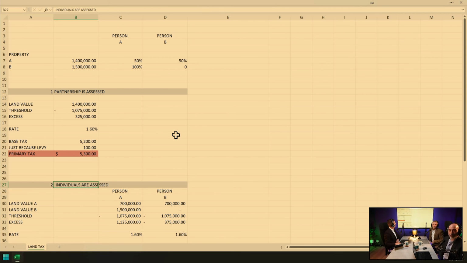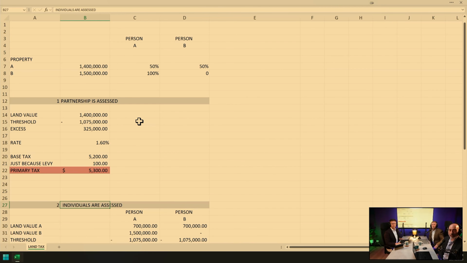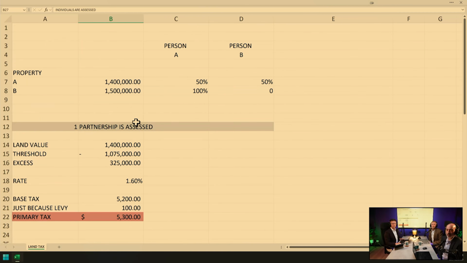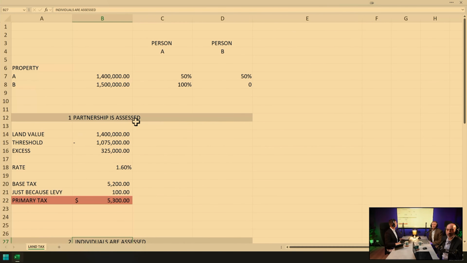Land tax. Yep. Perfect. So in this scenario I've got two people, person A and person B, and they own a property 50-50. Whether it's tenants in common or joint tenants actually doesn't matter. The two arrangements will be seen as 50-50 the same way. So property A is owned half-half, and property B is under person A only.